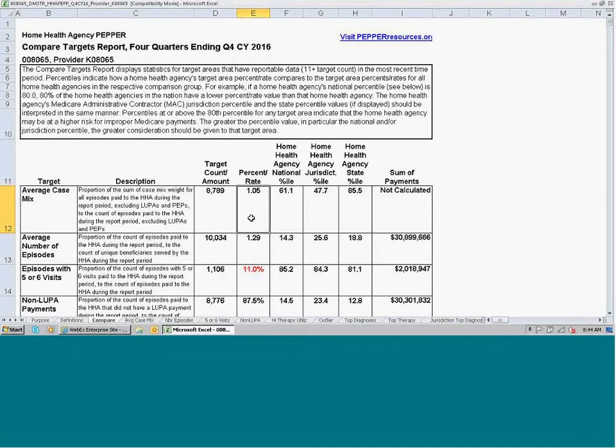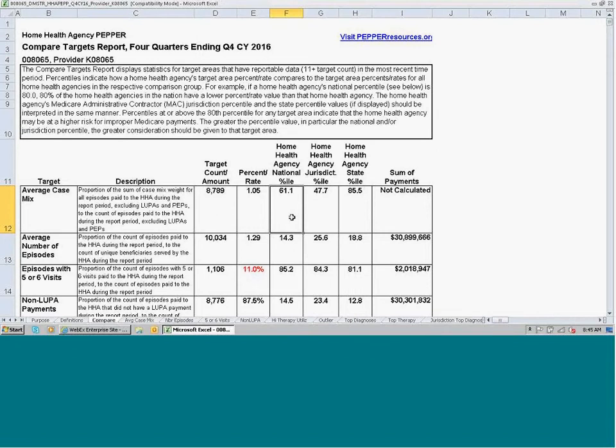Now remember when we talked about percents and percentiles and discussed how we calculate percentiles, we take all of the percents or the rates for all of the home health agencies in the comparison group to calculate percentiles.